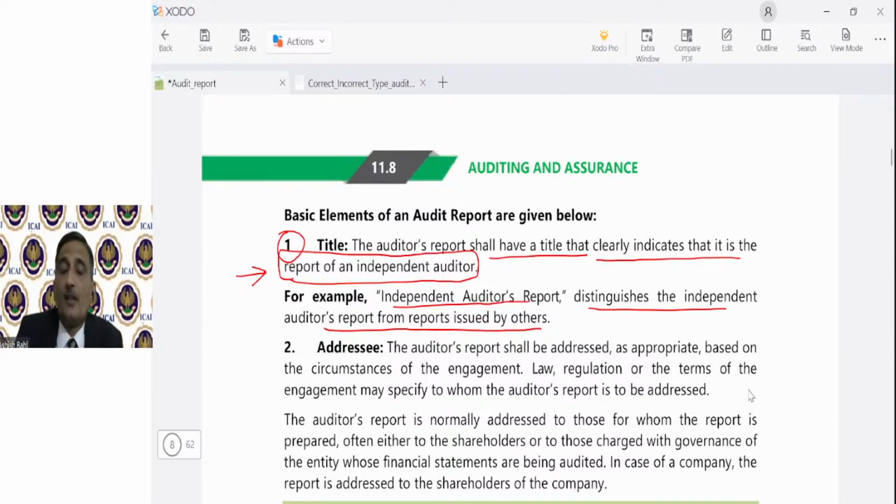Yes, Dinesh, we can discuss the contents of the audit report practically also.